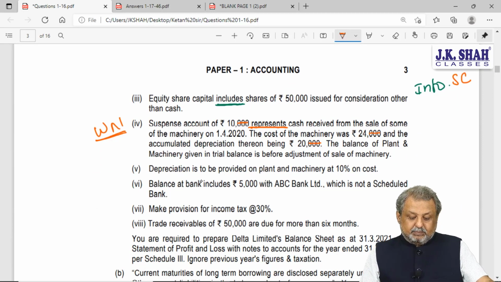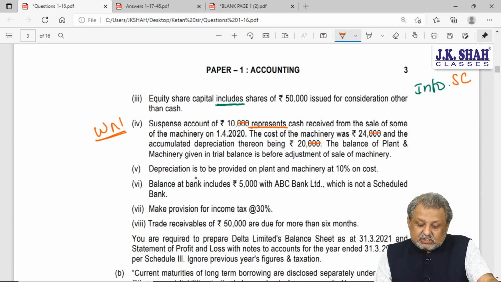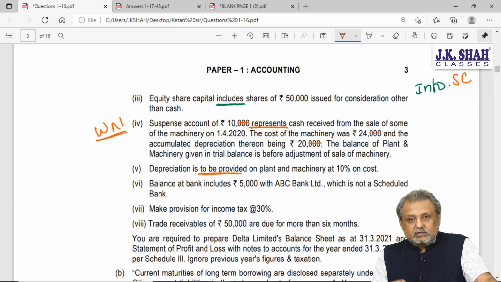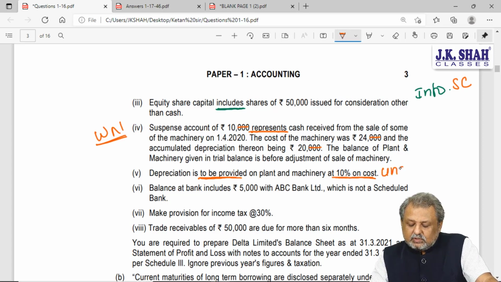Then depreciation is to be provided. So you have to do the depreciation. It is not yet done. Now you have to do it at 10% on cost. This is for the unsold machine.